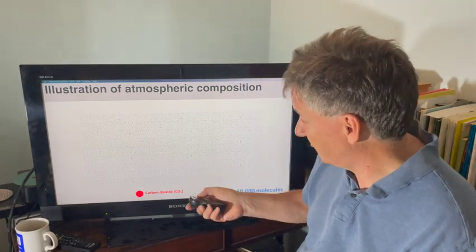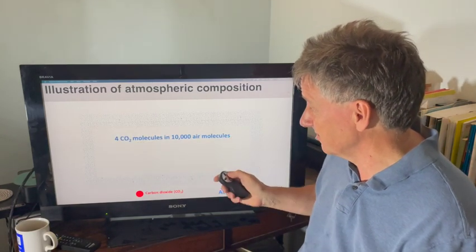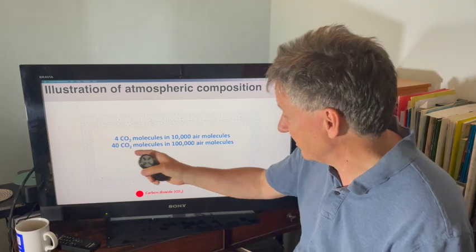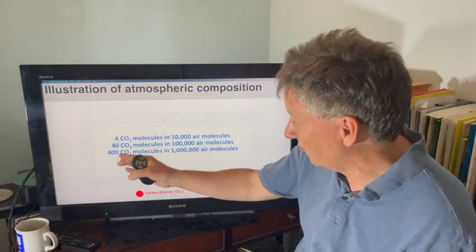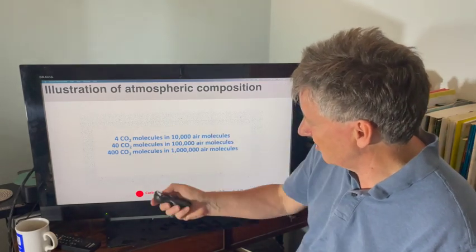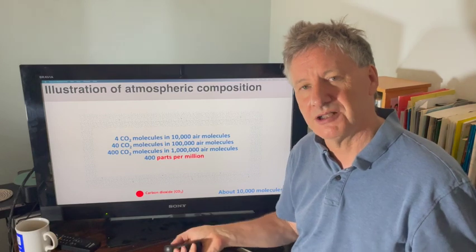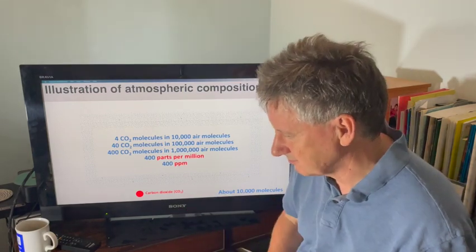There are 4 carbon dioxide molecules in about 10,000 air molecules. So if we had 100,000 air molecules, there'd be about 40, or 400 in a million air molecules. That concentration we refer to as 400 parts per million, or 400 ppm.